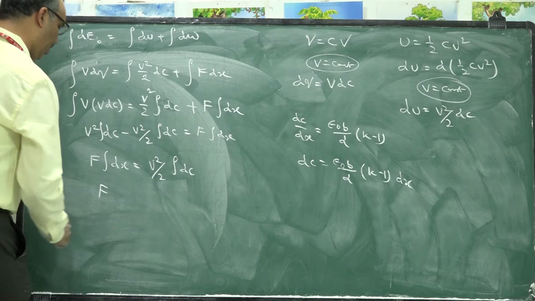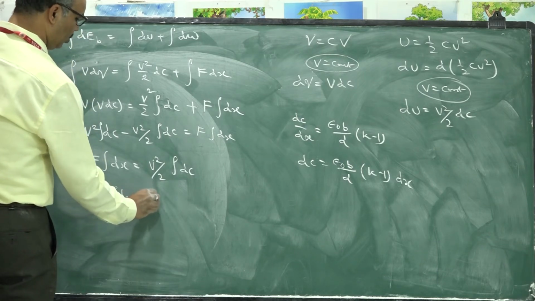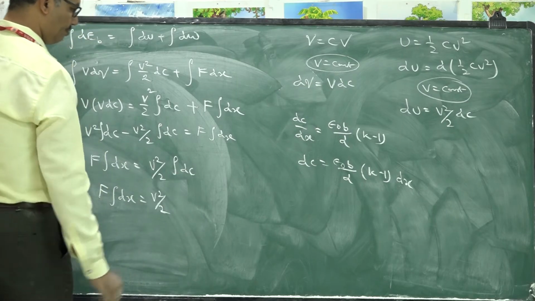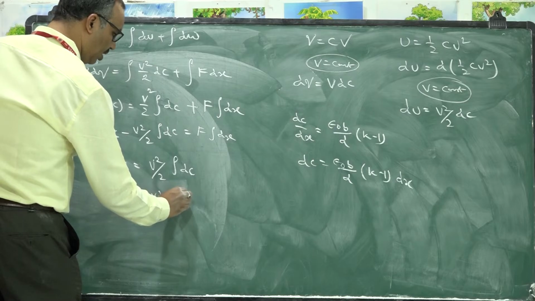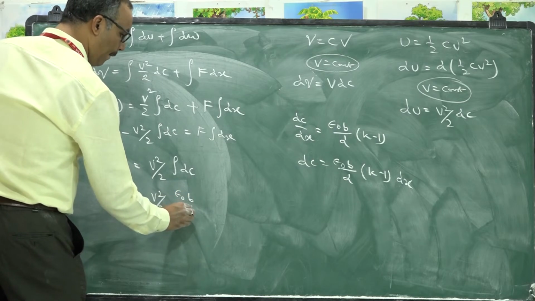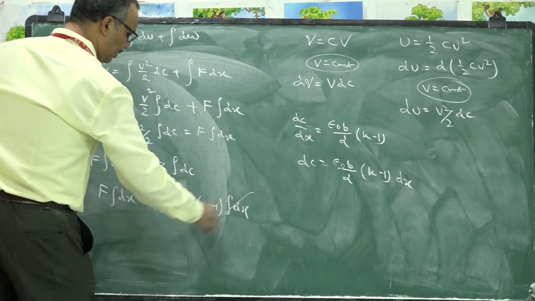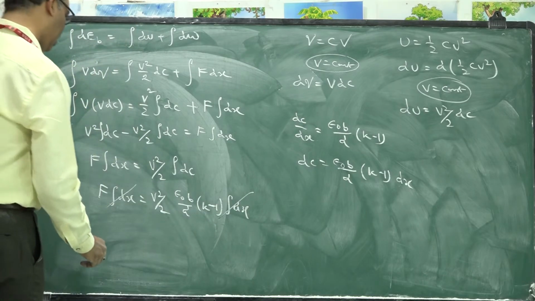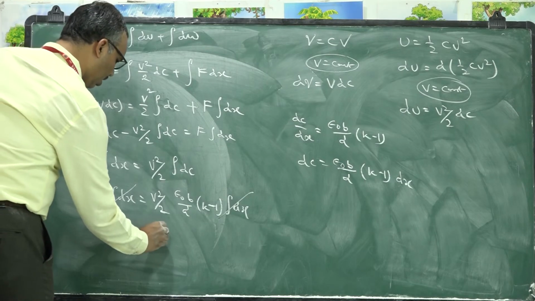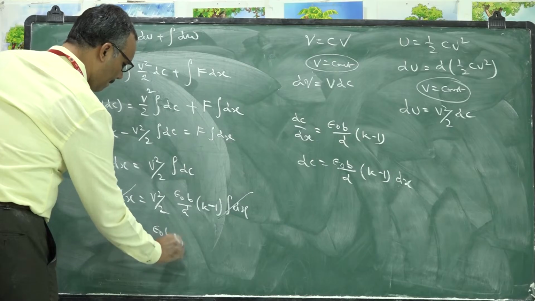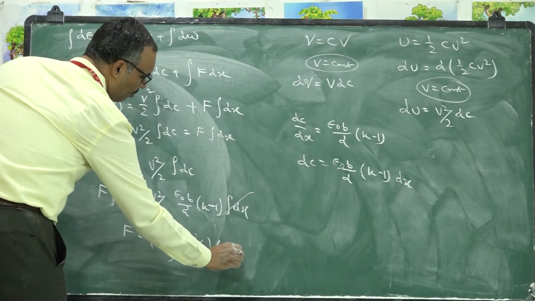So F into integral dx is equal to V square by 2 into integral dC, which is nothing but epsilon naught b by d into k minus 1 into integral dx. Integral dx gets cancelled. F is equal to epsilon naught b by d into V square by 2 into k minus 1.